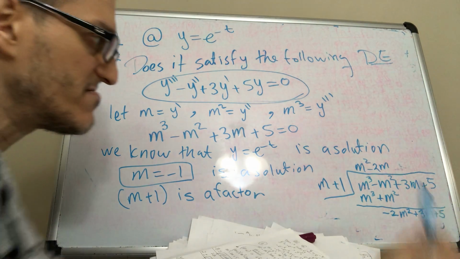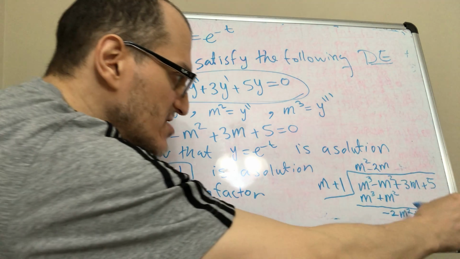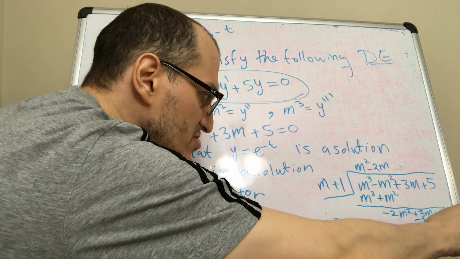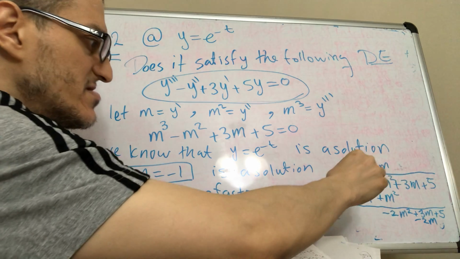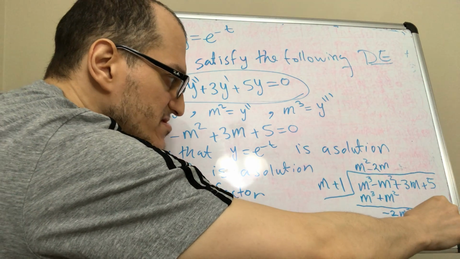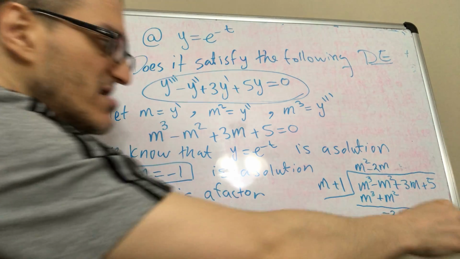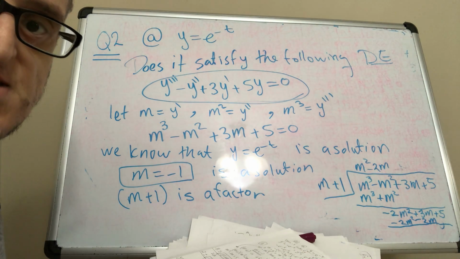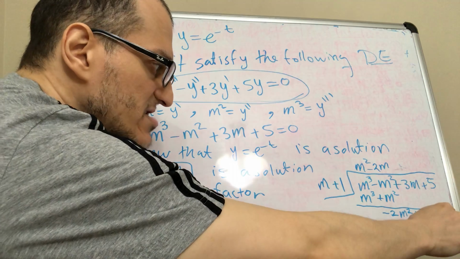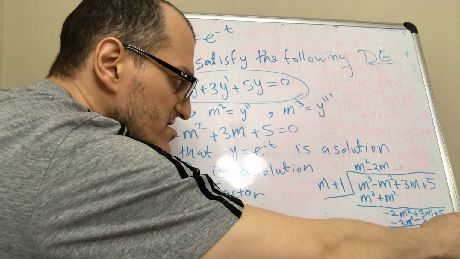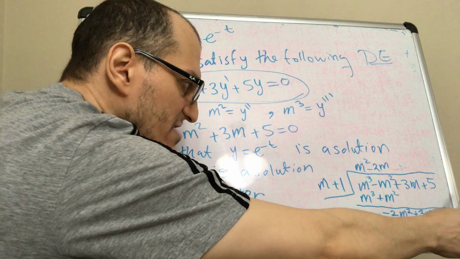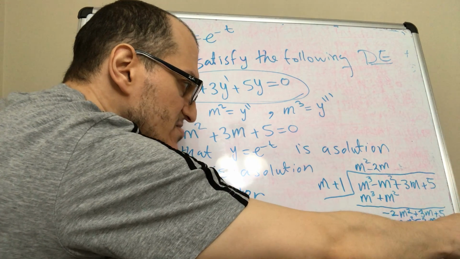We multiply. Negative 2m times 1 is negative 2m. And negative 2m times m is negative 2m squared. We minus again. 3m minus negative 2m is 5m, and 5 minus nothing is 5.